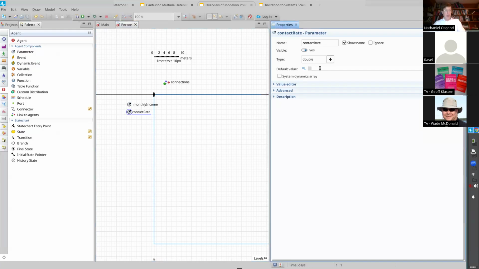And the contact rate, we're going to give a default value of 1.0 per day. Because I declared the model to have a time unit of day, if we don't specify the time unit associated with the contact rate, I'm going to assume it's contacts per day.